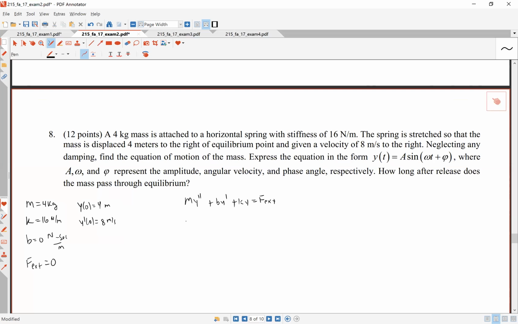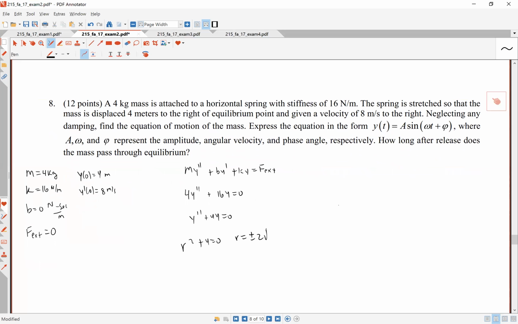And so we have 4y double prime plus 16y equals 0, or y double prime plus 4y equals 0 with a characteristic equation of r squared plus 4 equals 0, which gives us plus or minus 2i. Remember, this is simple harmonic motion stuff. Sums of sines and cosines. So y of t is c1 cosine 2t plus c2 sine 2t.